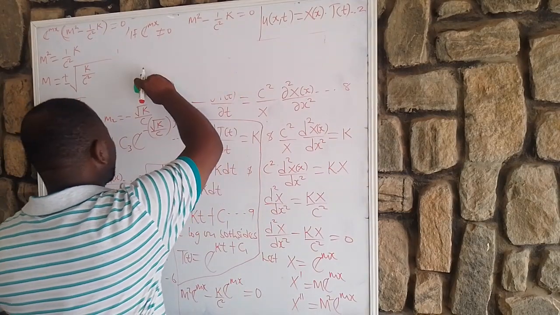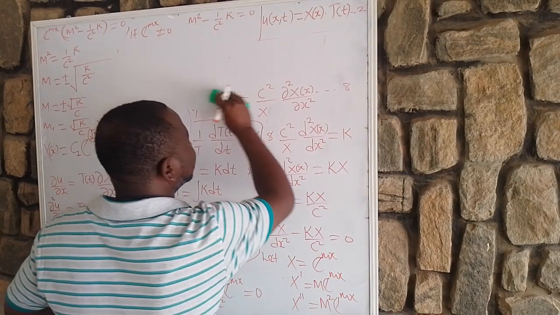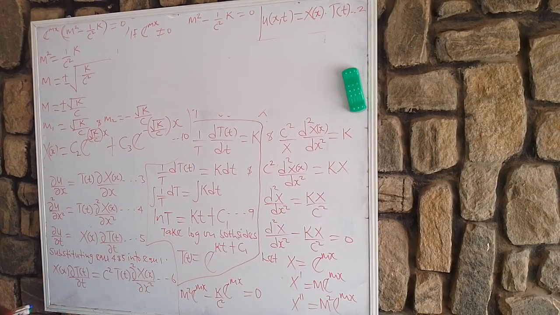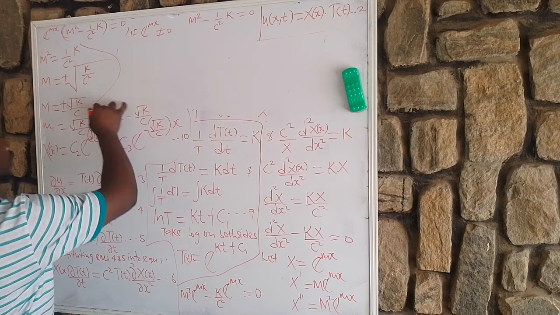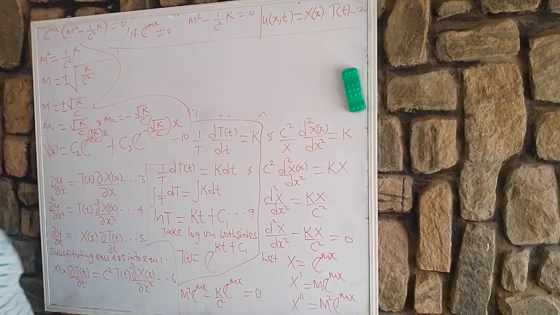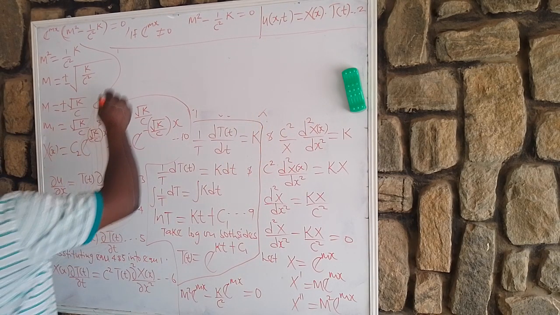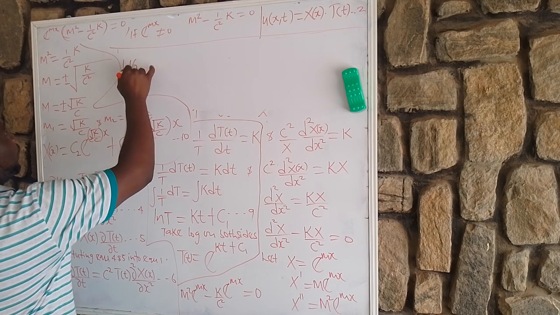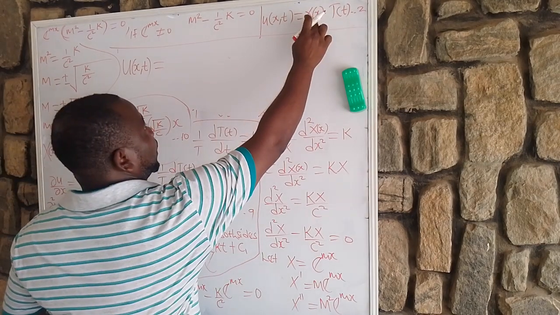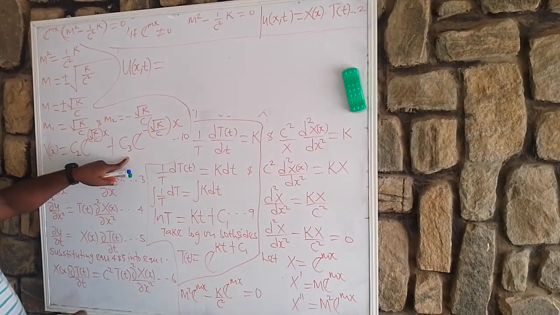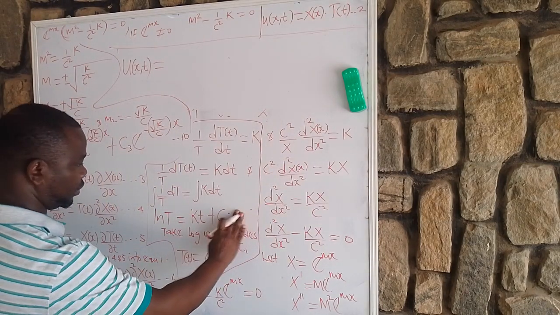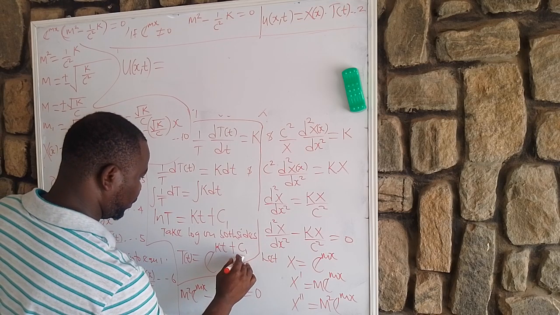We will substitute equations 9 and 10 into equation 2. So if we do that, it means our u of x comma t will now be equal to our X of x, which is this, times our T of t. Make this one equation 9.